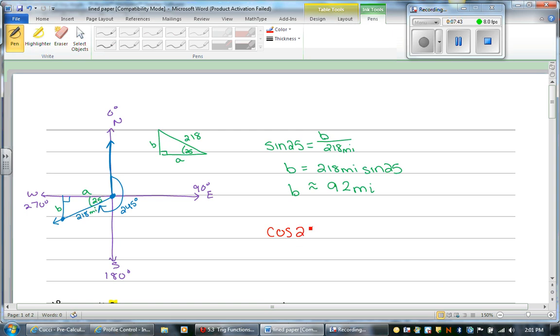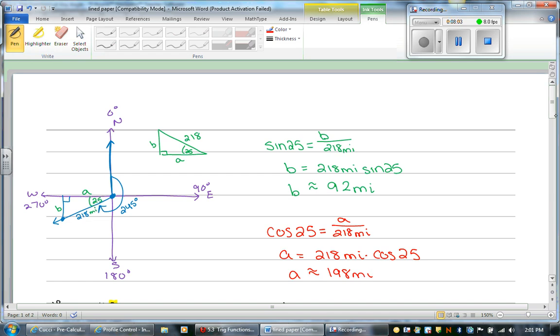So cosine of 25 is A over 218. Cross multiply, and we get A to be approximately 198 miles.